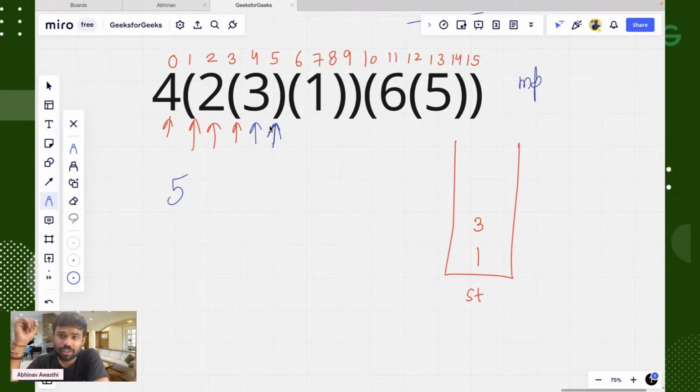So what I will do, I will make the map of 3 to 5.